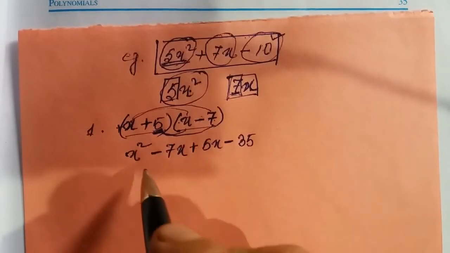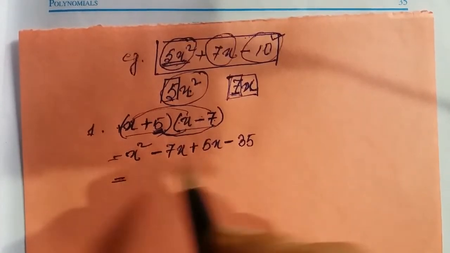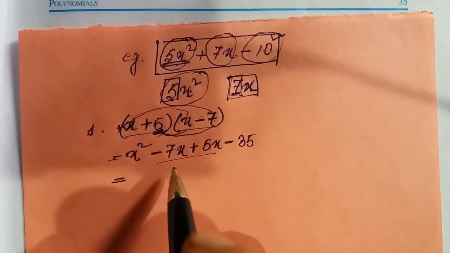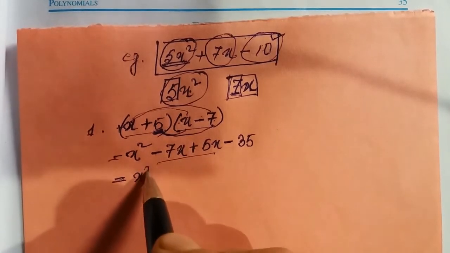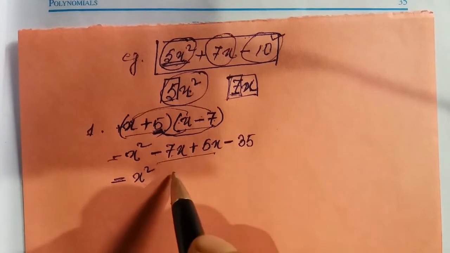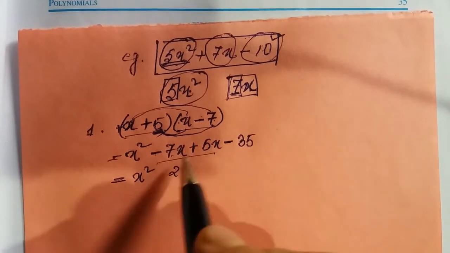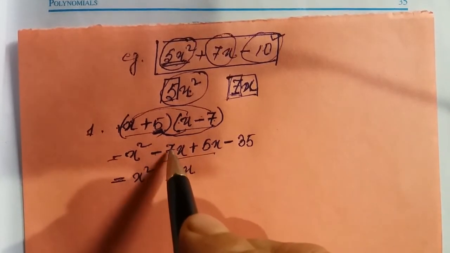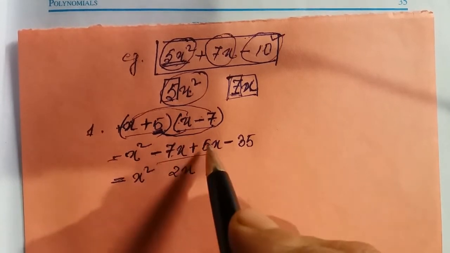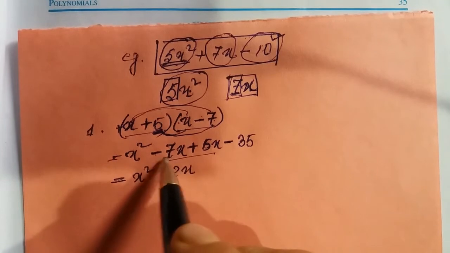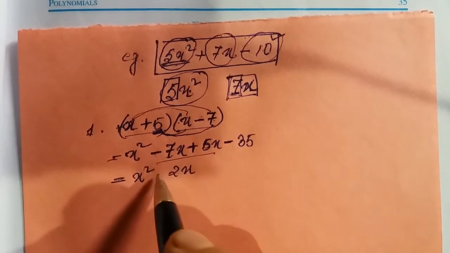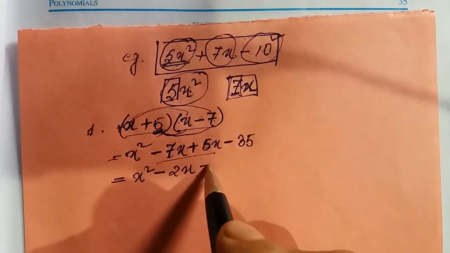Now we have like terms here, these 2, so let's do minus 7x plus 5x. 7 minus 5 is 2x, but this 7 is minus and this 5 is plus, and 7 is greater, so we write the sign of this 7, that is minus. So this is minus 2x and minus 35.